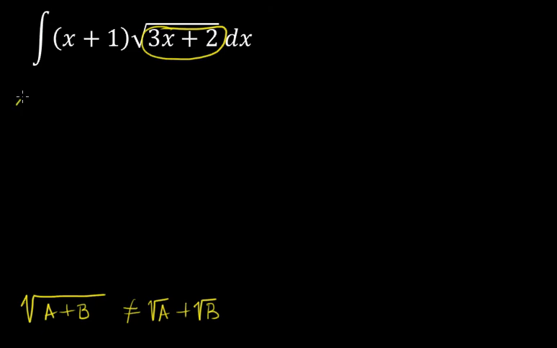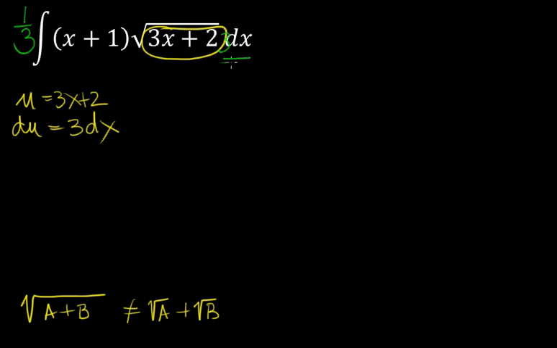So I will again let u be equal to 3x plus 2, and du. Okay, so there are different ways that you might want to do this. I'm always tempted to just give myself a 3 right now. Whoops, excuse me. I'll need 1/3 out here and 3 right here.